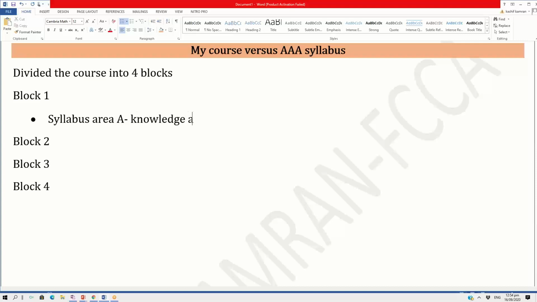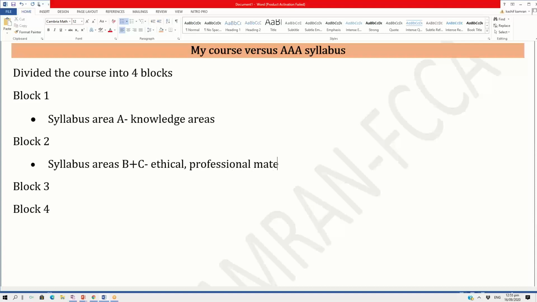The block 2 covers the syllabus areas B plus C, which is ethical, professional matters, plus quality control, plus practice management. So all that falls under my block 2.